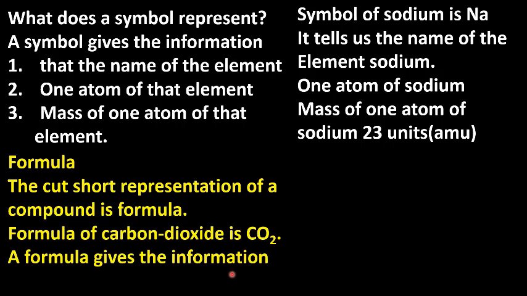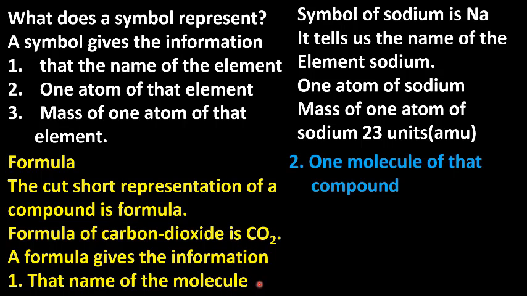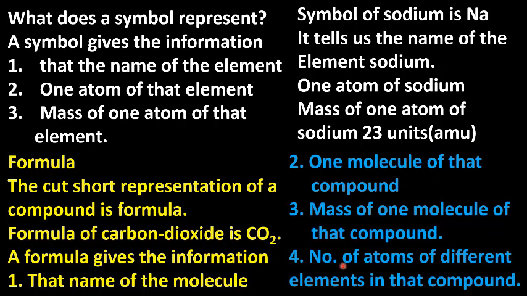A formula gives the information. See, formula also gives the same information as a symbol gives. Only the difference is symbol gives the name of the element, whereas formula gives the name of the compound. Or of course, sometimes a molecule may be present in elements also. So name of the molecule, 1 molecule of that compound, mass of 1 molecule of that compound.